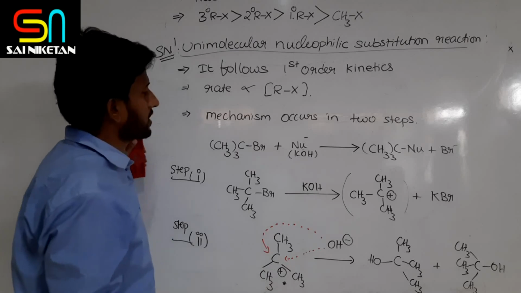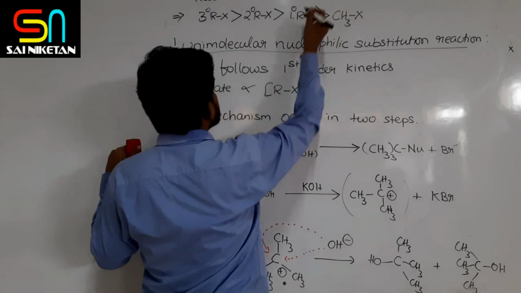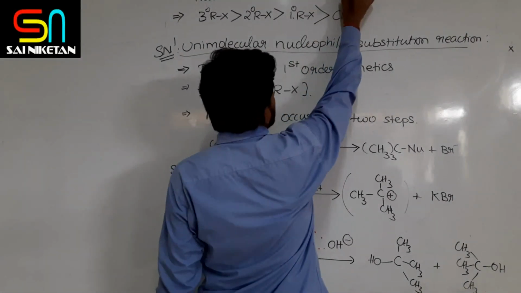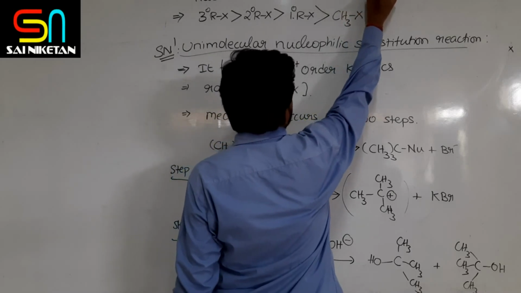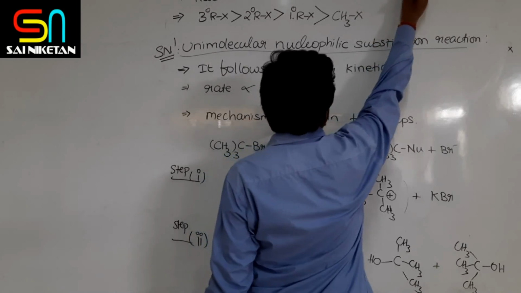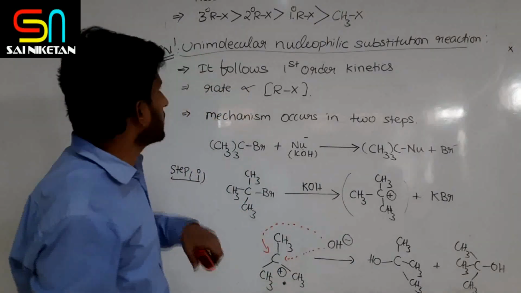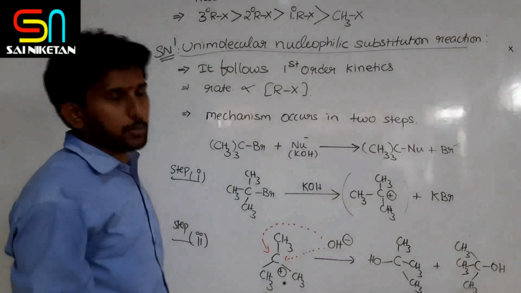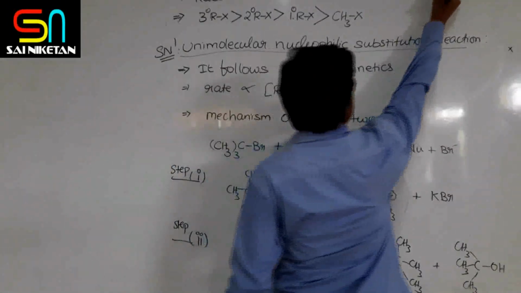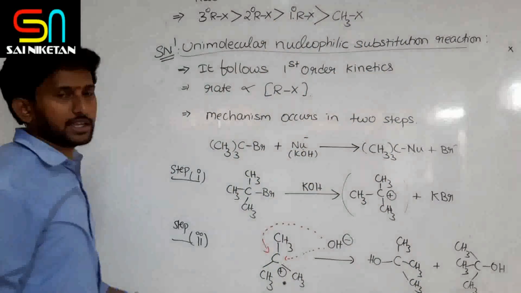That is the reactivity order of the halides. And this SN1 mechanism is mostly favorable in polar protic solvents. What are polar protic solvents? Basically water, H2O, or alcohol.